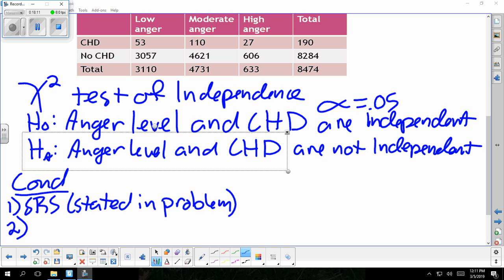All right, so from my calculator, again, I'm going to gather the expected counts from matrix B and put them right in my table here. And since I'm just using these to verify conditions, notice in our calculations we wouldn't necessarily round these, but to check conditions, it's okay to round.